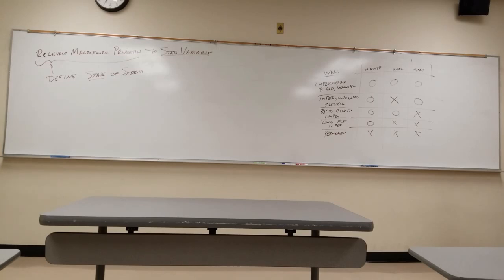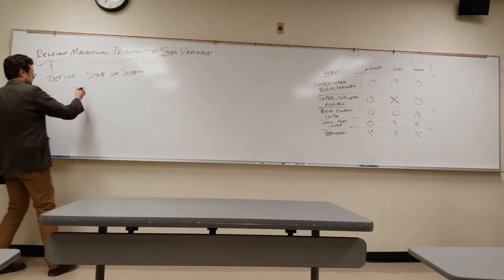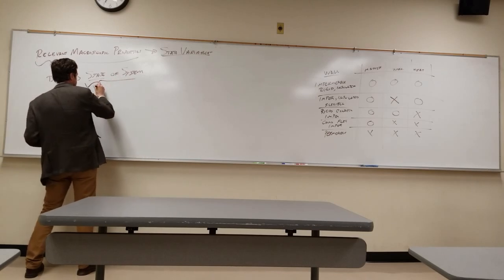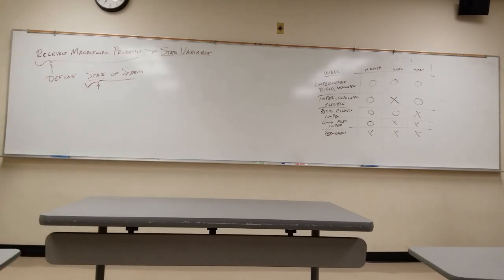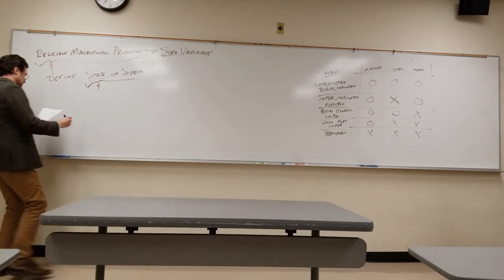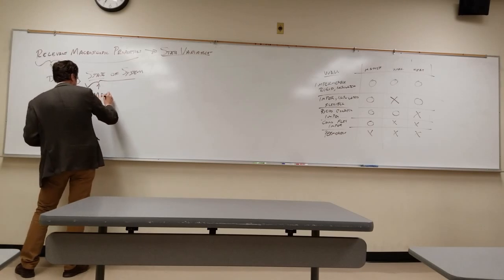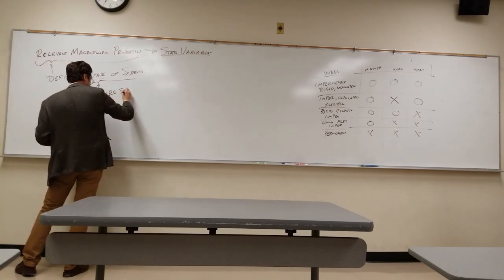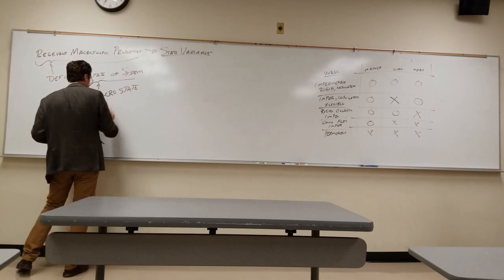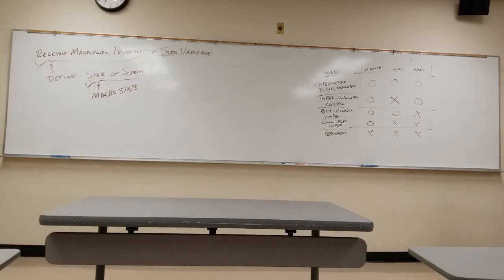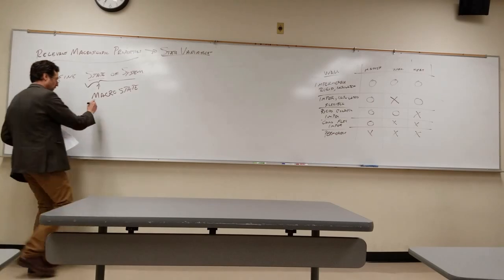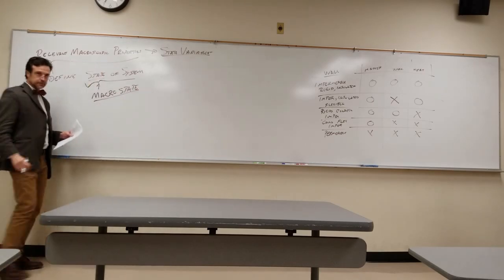In our definition of the system, we're not paying attention to that. Now, talking about this state of the system, as I just defined it, this is called a macrostate. And when in thermodynamics we use the word state, typically that's code for a macrostate.